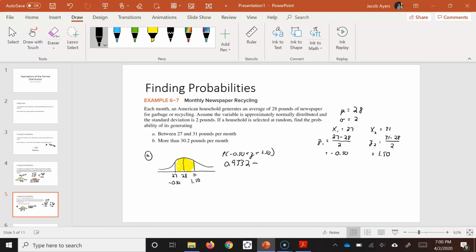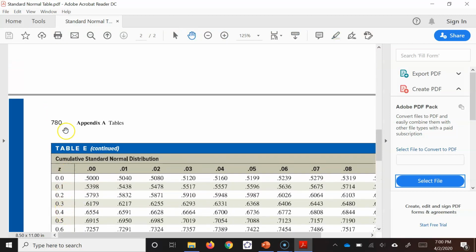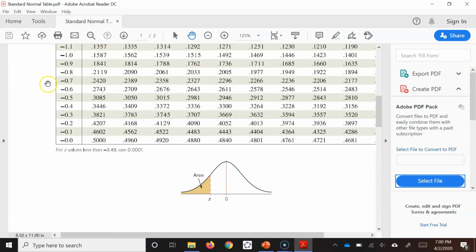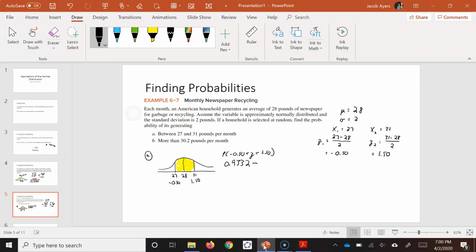0.9332 minus, we'll consult the chart again for negative 0.50, 0.3085. Minus 0.3085.